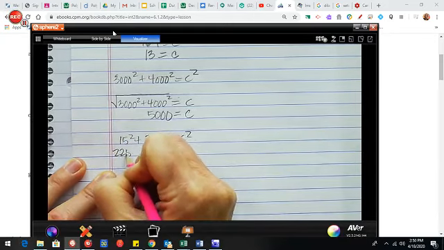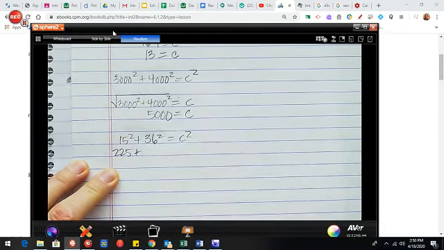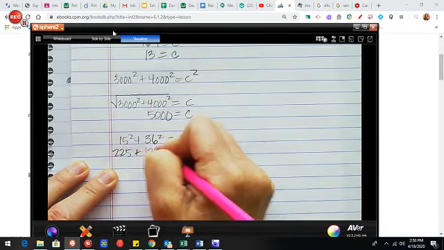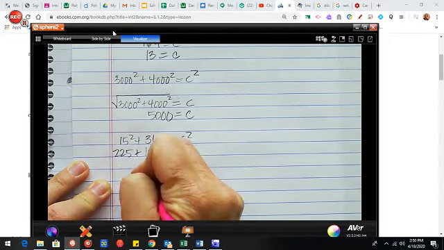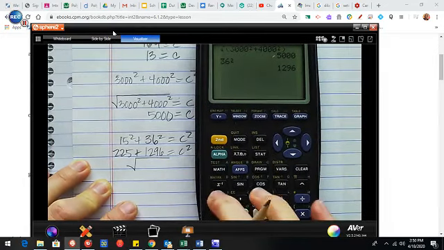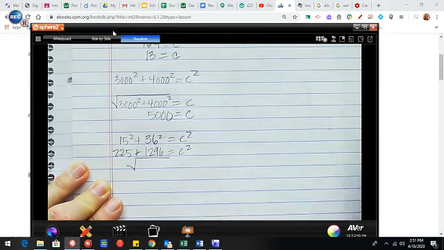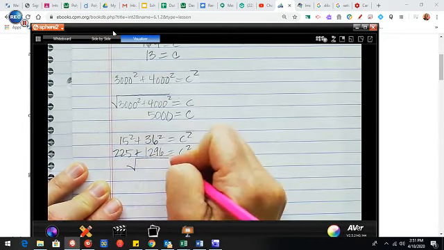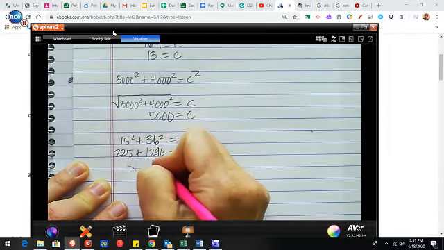That's going to be 225 plus 36 squared is 1,296. I'm going to take the square root of that sum. And it's 39. Okay, I'm just going to write c equals 39.